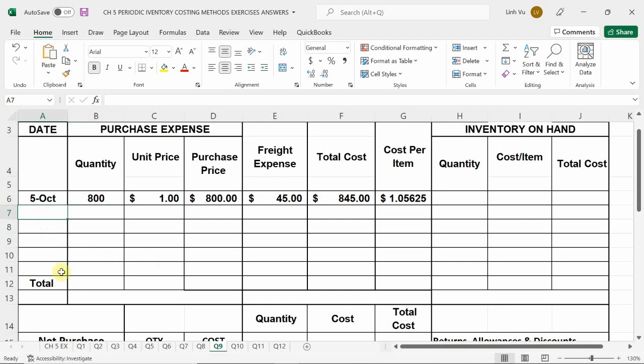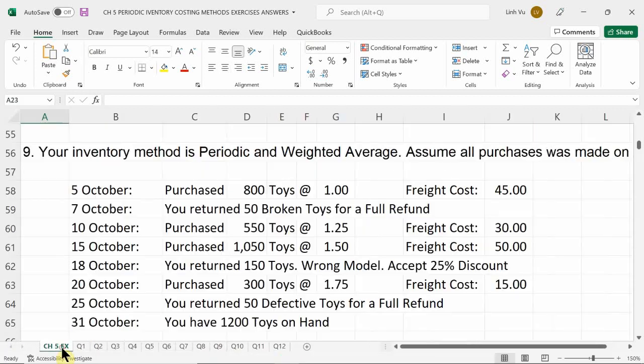So there you go. Now in this case, that's our very first batch of inventory. Our assumption is, if this is the only batch of inventory that we will purchase, then yes, you need to solve for your average cost per item. But let's see what happened next. October 7, you end up returning 50 broken toys for a full refund.